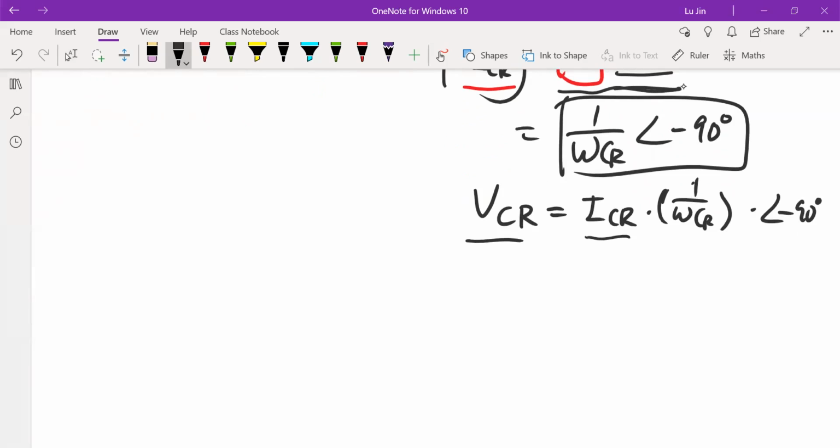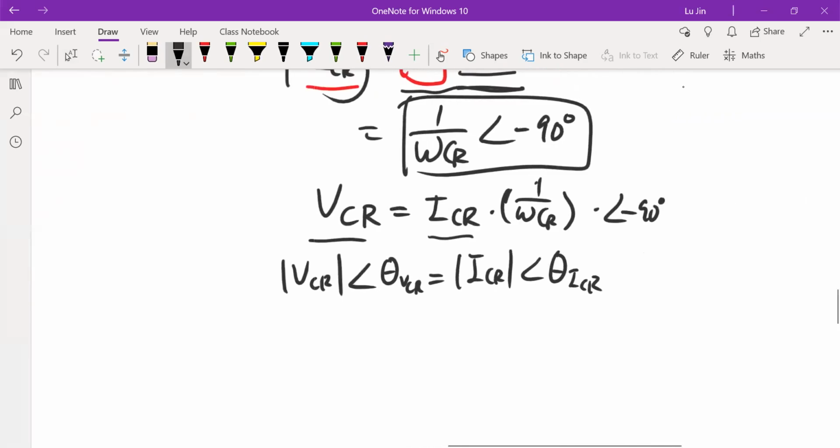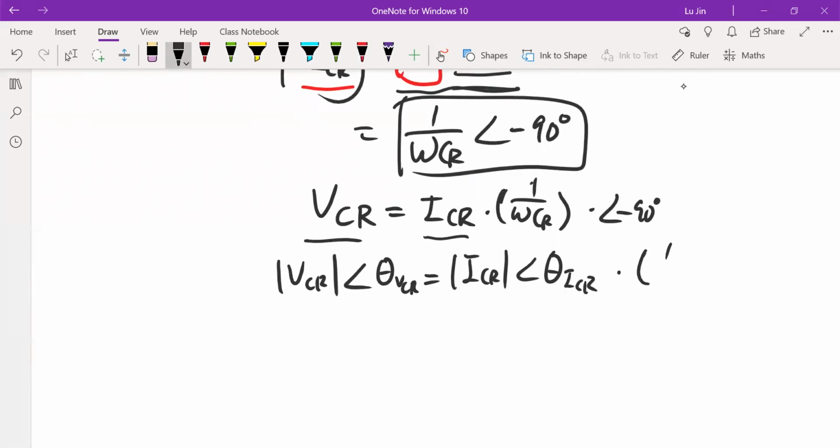This I_CR is also a vector, the current going through the capacitor. So V_CR magnitude at angle theta V_CR equals the magnitude of I_CR at the angle theta of I_CR, multiplied by 1 over omega C_R at negative 90 degrees.